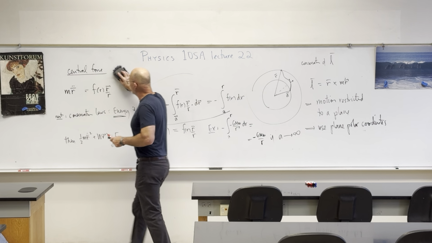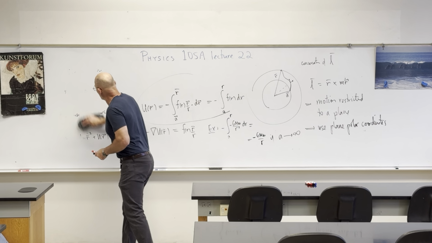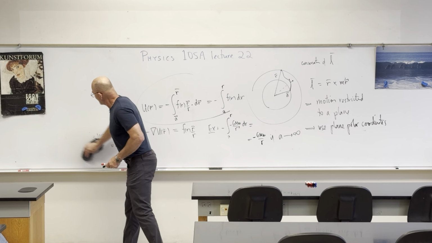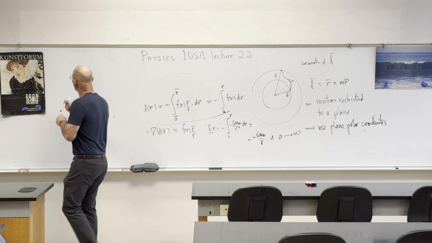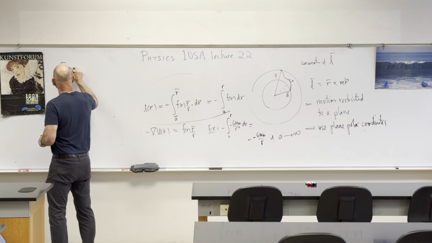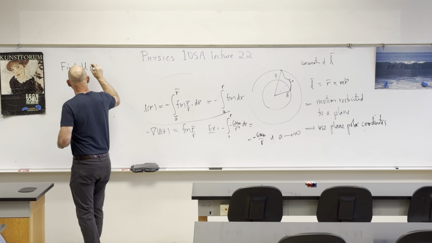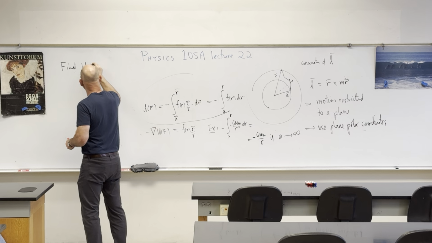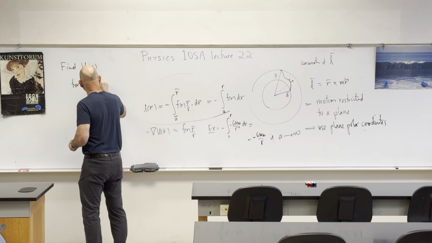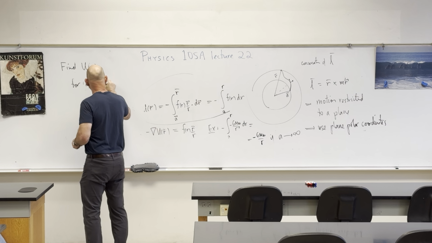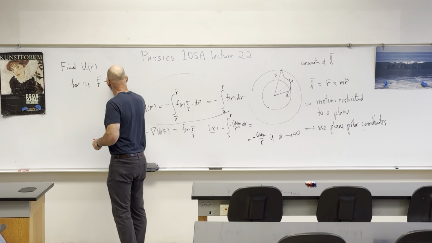Here's what we'll do for the homework. We'll do these calculations. So that's actually kind of minor. Find U of r for F equals minus alpha over r squared. This is the one I just did.